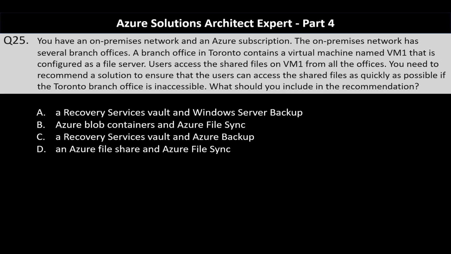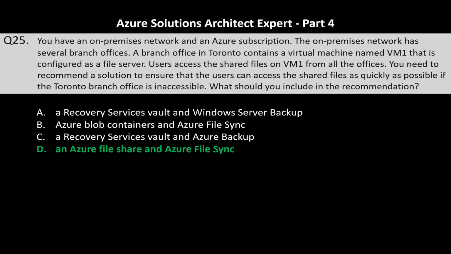And folks, the correct answer here is option D, an Azure file share and Azure file sync. Azure File Share provides a cloud-based SMB file share that can be mounted to any office, ensuring fast access to files, even if the original on-prem VM is unavailable.